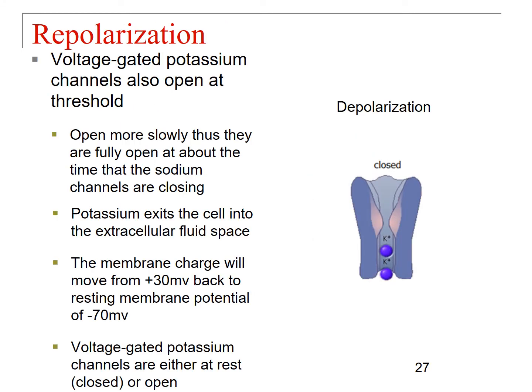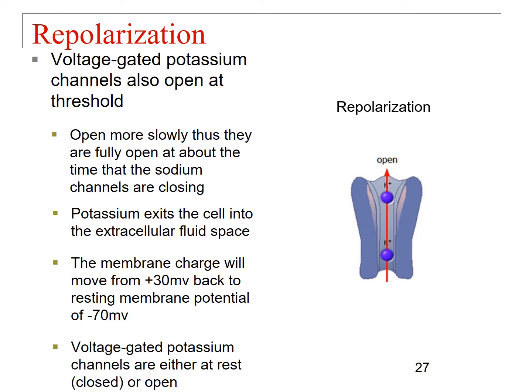Okay, now voltage-gated potassium channels, they also open at threshold, but they open way more slowly. So they don't come all the way open until you hit positive 30. So at positive 30, if you look at the potassium channel, you'll notice it's only got one gate, and at positive 30, that gate opens, potassium rushes out, and it's at this point that you see the beginning of repolarization.